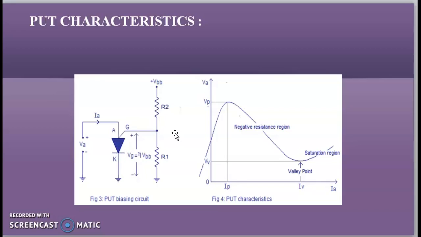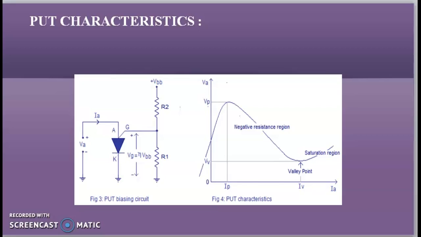When the anode to cathode voltage is increased, the anode current will also increase and the junction will behave like a typical PN junction. But the anode voltage cannot be increased beyond a particular point, because at this point a sufficient number of charges are injected and the junction starts to saturate.